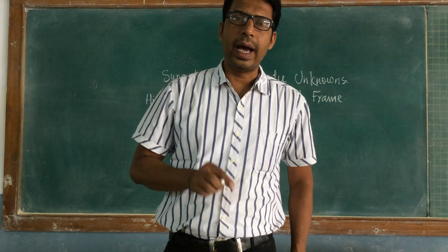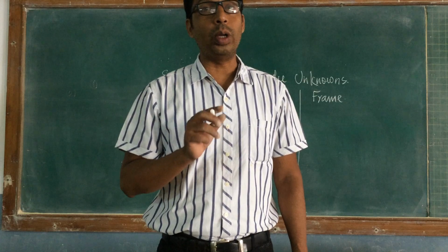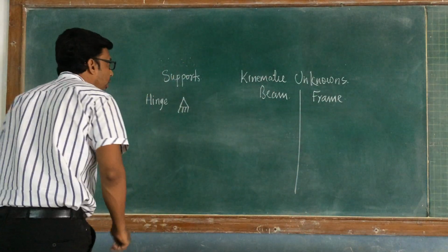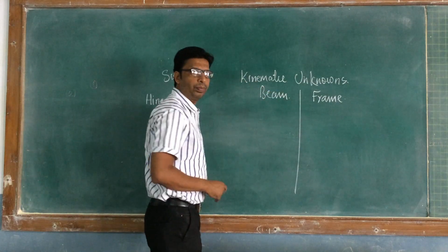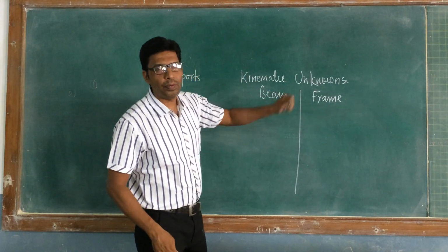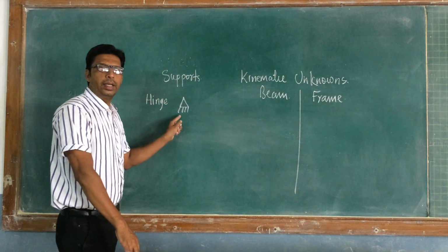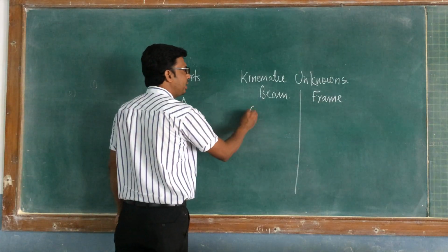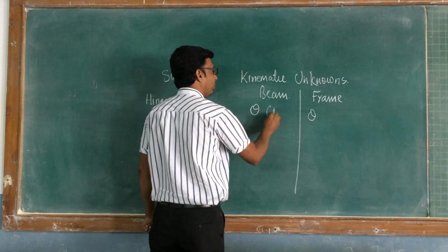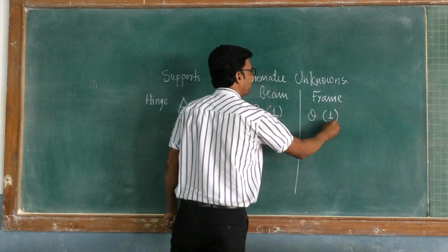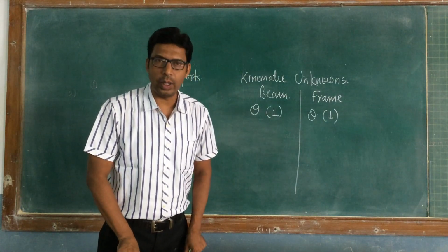It means at hinge support there is only one kinematic unknown, and that is rotation. If that support is provided, either in beam or frame, in both the cases, at hinge support there is only one unknown, and that is theta. Okay, horizontal and vertical displacements are 0 at hinge support.